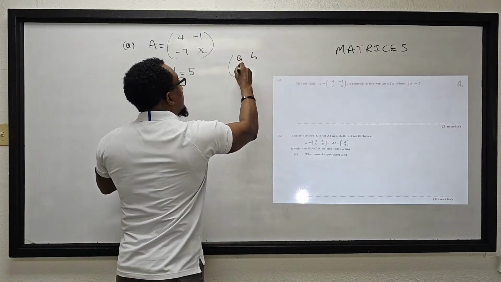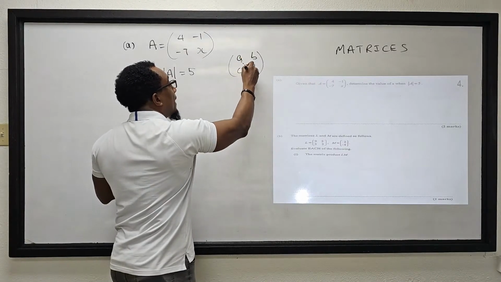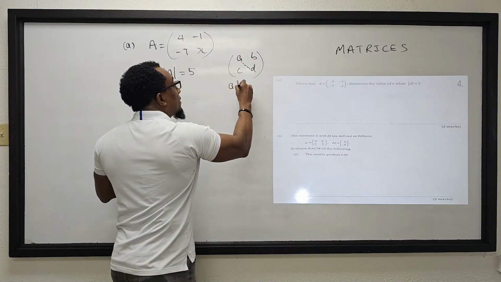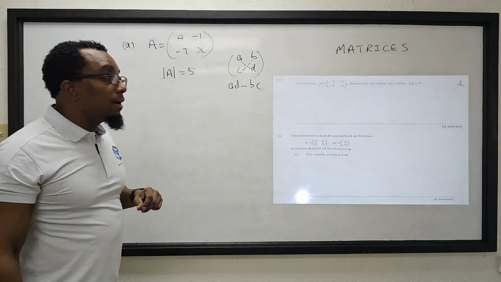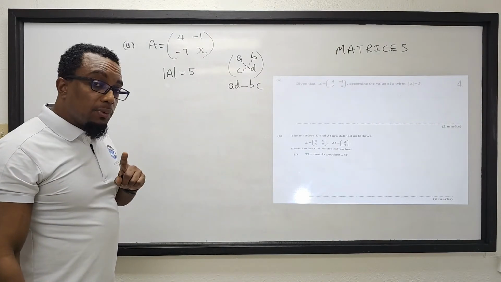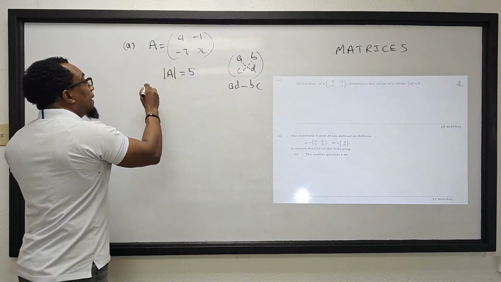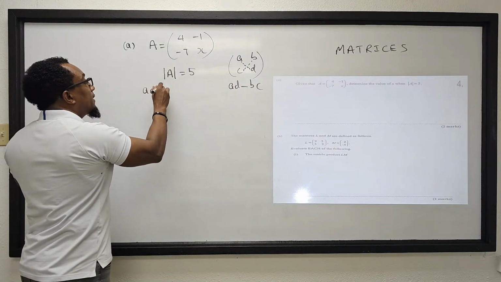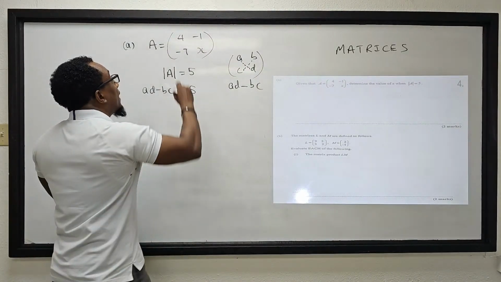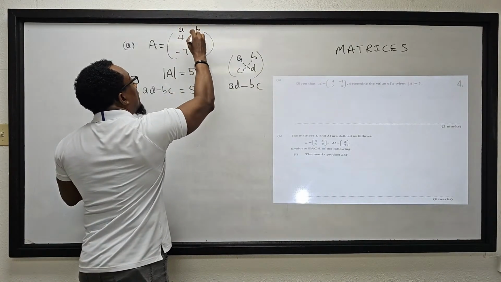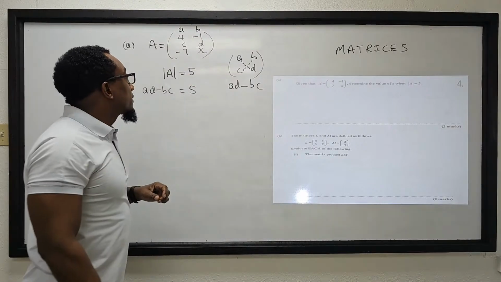For a matrix A, B, C, D, the determinant is to multiply A by D, subtract B by C. That's the determinant of the matrix, and it's only applicable to a 2 by 2 matrix. So the determinant of this matrix A is AD minus BC, and that's equal to 5. Keeping in mind A is 4, B is negative 1, C is negative 7, and D is x.